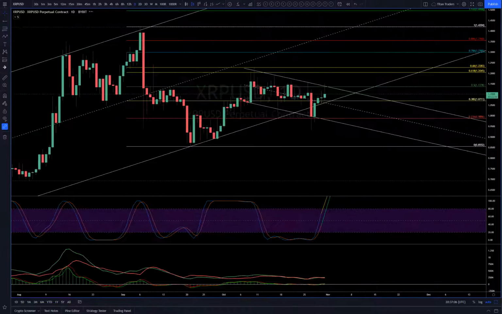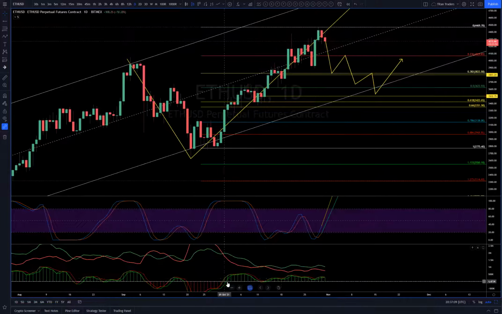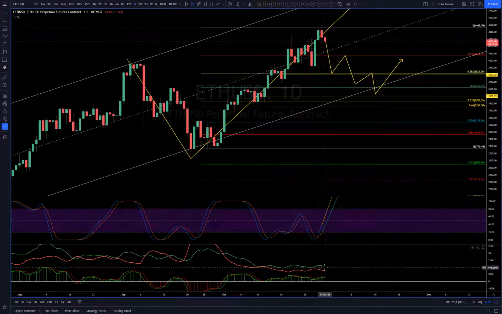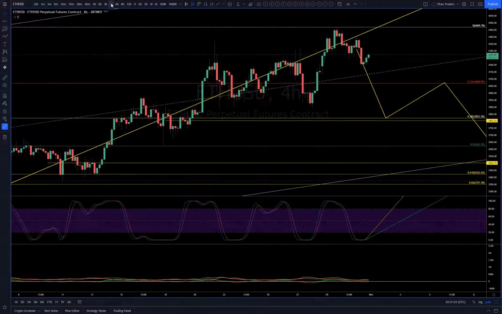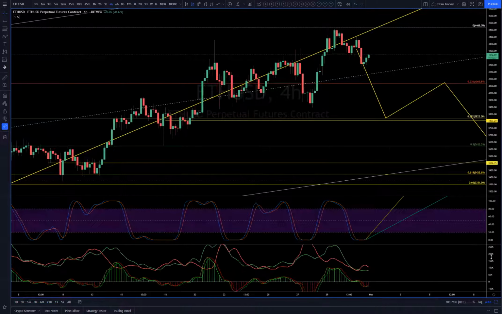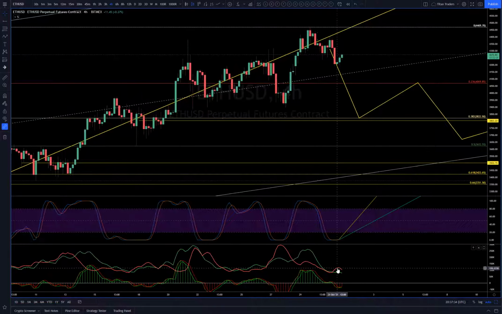If we then look at ETH, the nice thing about ETH is we currently still have more buyers than sellers, which is still a nice thing, but it's not enough at the moment. We do need a bigger push for that to come in. And again, if we look at the lower time scales, you can see it doesn't look that amazing.